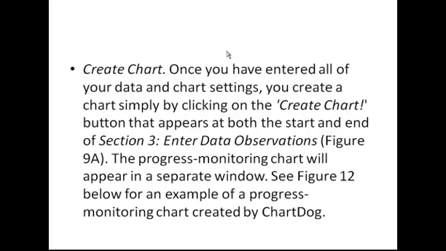Remember what I told you in class: ChartDog will not try to make a chart out of empty data spaces, and it has to have at least eight observations in order to create a chart. When you're using this in your class, you have to have at least 8, but for this project, again, you're going to be using 20. Then the progress monitoring chart will appear in a separate window, and this is what you're going to want to save.